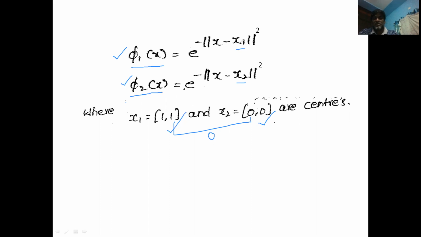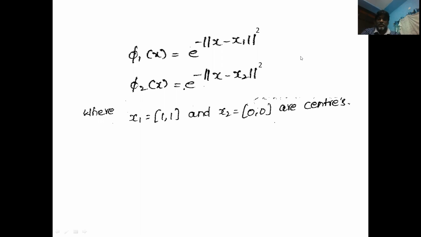So phi1 of x is defined for the x1 center, where x1 is 1 comma 1. Phi2 of x is defined for the x2 center, where x2 is 0 comma 0. Right, so now our architecture is ready with the radial basis functions also.